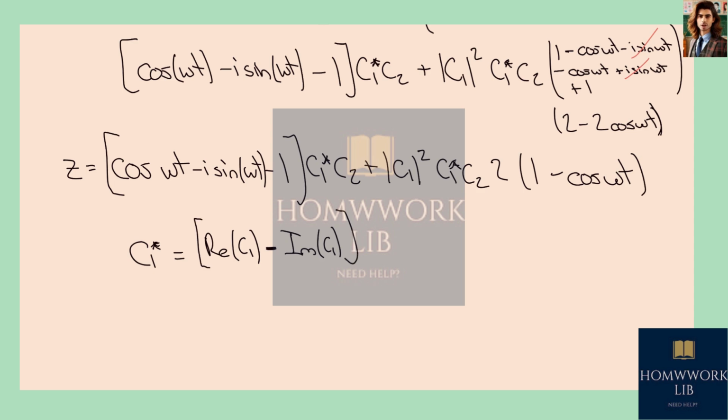And whenever we multiply it by C2, this is going to be times the real part of C2, sorry, minus I times the imaginary part of C1, plus I times the imaginary part of C2.